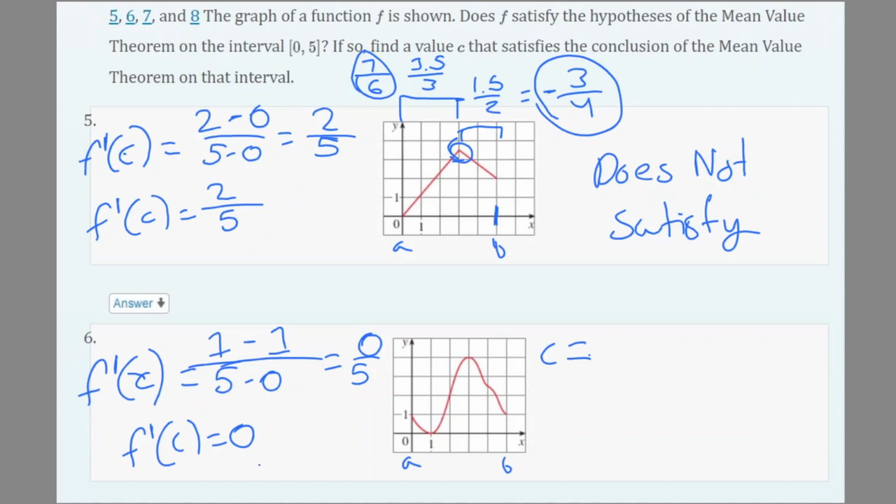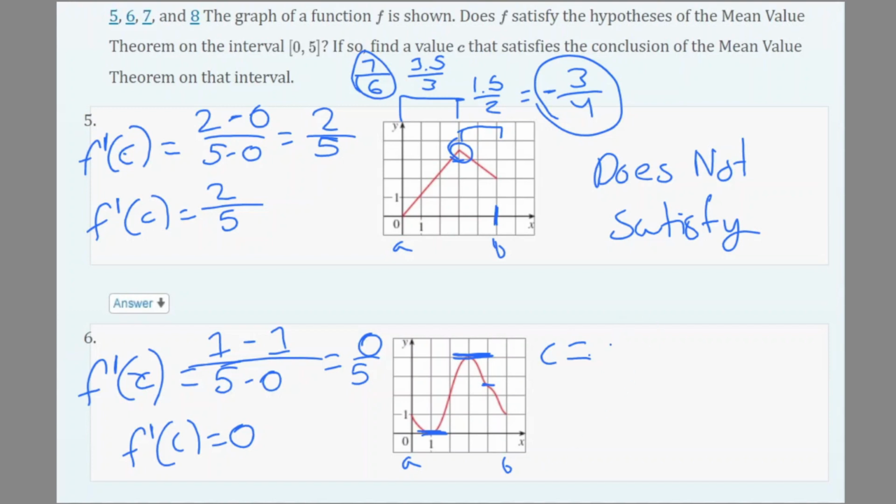Essentially, what that means is we have to find the c values that have a horizontal tangent, or the x values rather. So we could see that there's a horizontal tangent going on here, and then there's one going on here. And I wouldn't say there's one going on here. This is kind of like an x cubed function going down. But you could say that there would be a horizontal tangent there, just momentarily. And we can't exactly confirm at the end here.